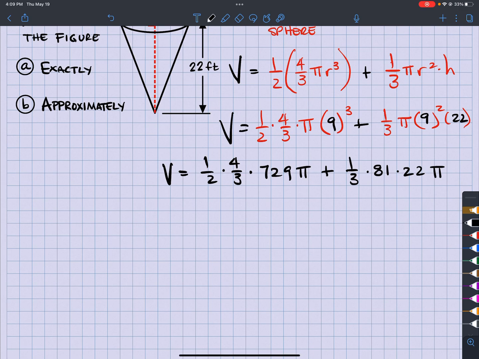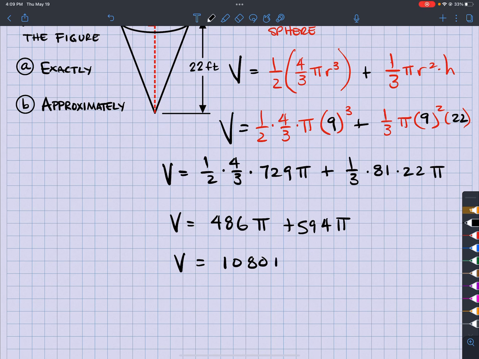So 1/2 times 4/3 pi times 729 is equal to 486, plus 594 pi, and it's going to equal 1080 pi.